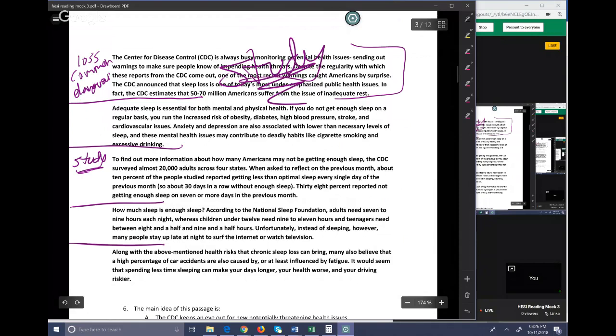This is just one thing that they're using amongst other things to explain the sleep loss issue. This study initiated the announcement. So them doing this study brought about partially, it was not the only thing that brought about this announcement about sleep loss, but it had to do with it.